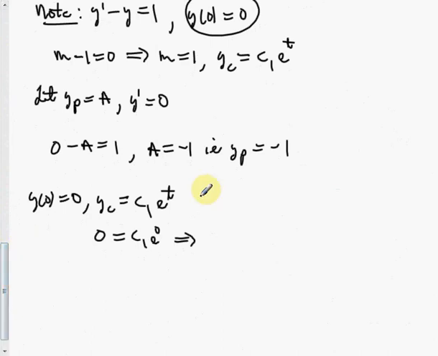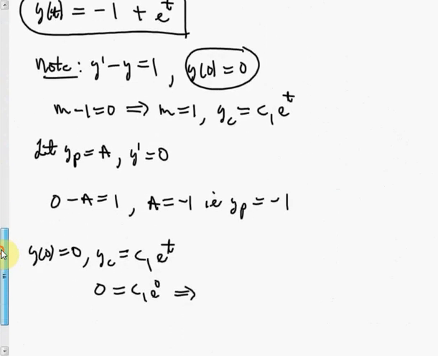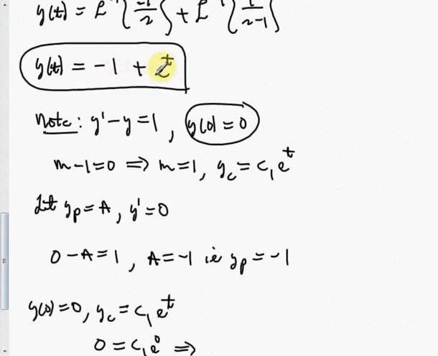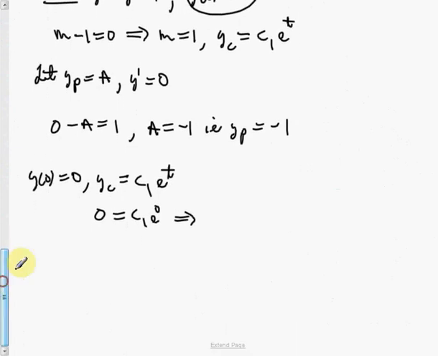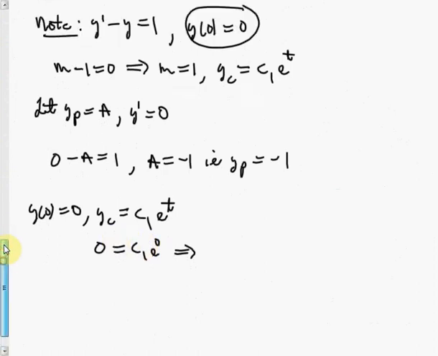That's supposed to happen. It's supposed to be a plus a constant over there. y sub p is equal to negative 1. We're looking for this c sub 1 there. c sub 1 is equal to 1.